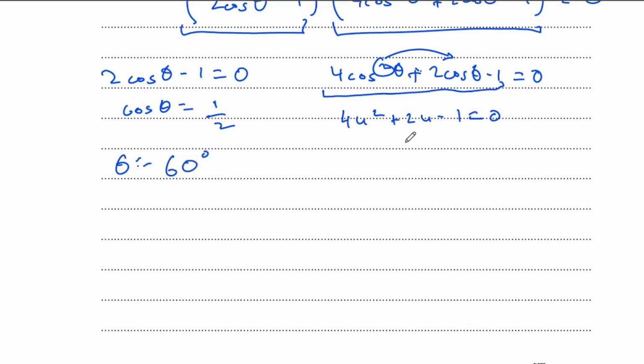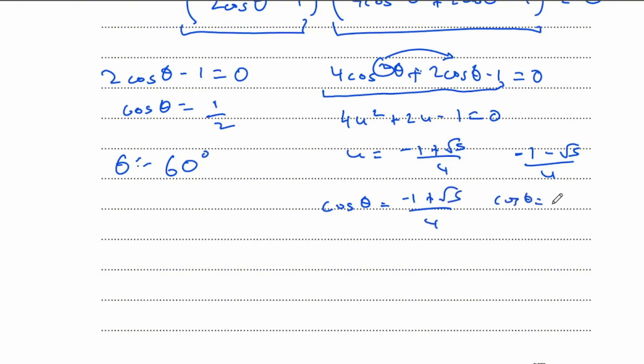Yes. And here the two values of u you get is u equals negative 1 plus root 5 over 4, and the second one is going to be negative 1 minus root 5 over 4. Okay. And you can just say cos theta for both of them: cos theta equals negative 1 plus root 5 over 4, and cos theta equals negative 1 minus root 5 over 4.